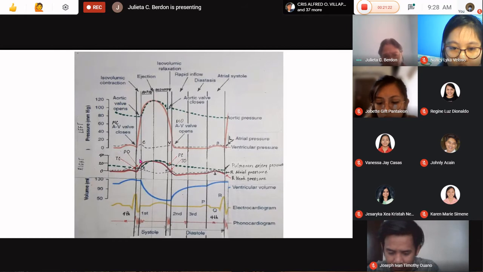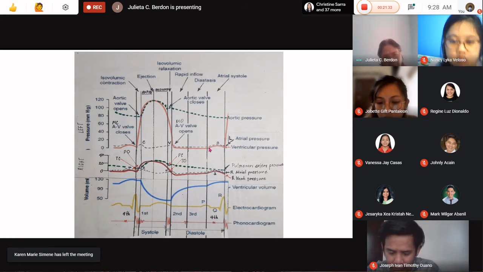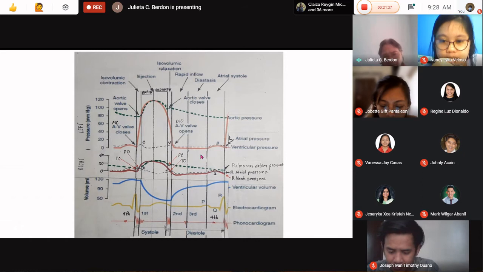Now in some books they have different phrasing. Some would start with atrial depolarization, but I think that is confusing. So I will just start with systole, that's ventricular contraction, and diastole, which is ventricular relaxation.